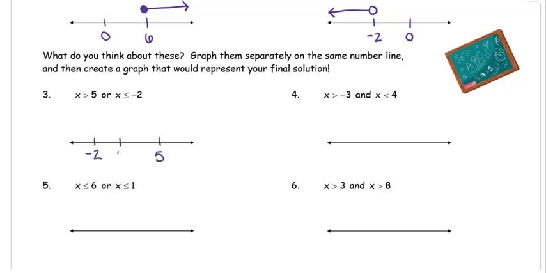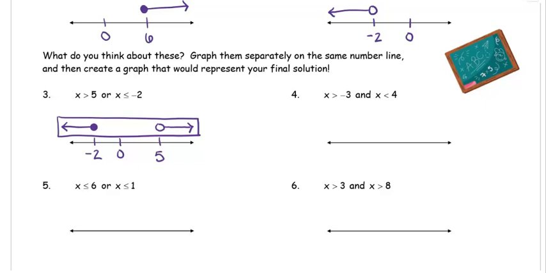I'm going to put the 0 on the inside, and then I could say, well, either x is greater than 5 or x is less than or equal to negative 2. Either one, because this is an or statement, could work as part of my solution, which is why both of those are included in my final solution.